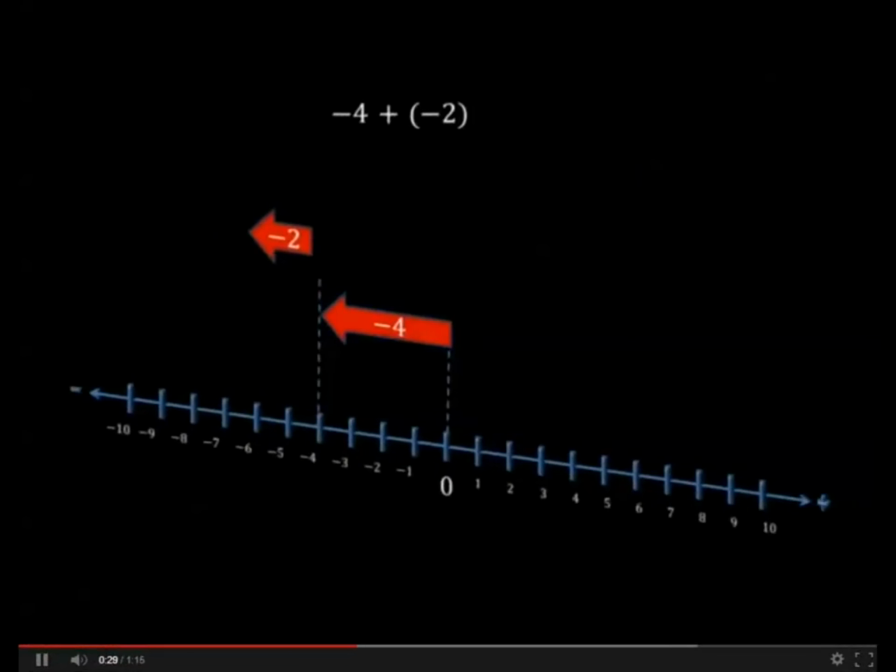Another arrow pointing 2 spaces in the negative direction represents the number -2. Adding these two arrows together is adding the two negative numbers together. And the tip of the final arrow lands on a point on the number line that represents the value -6.